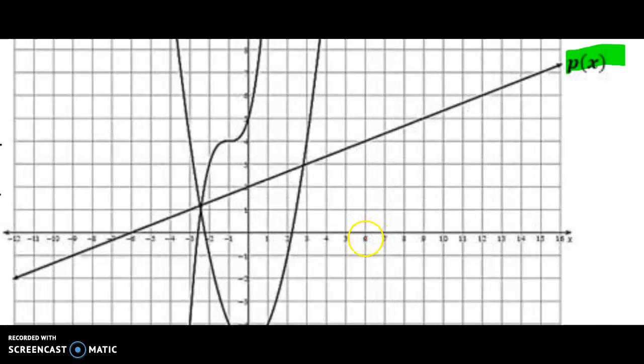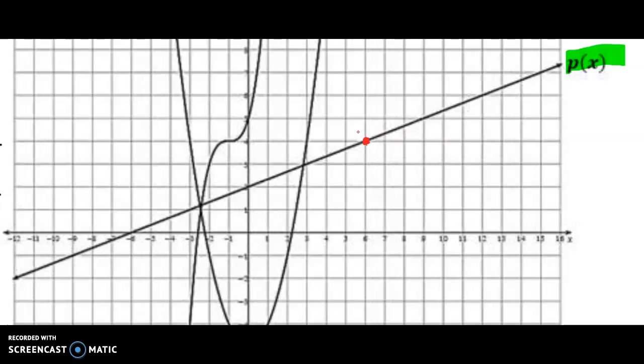There it is right here, our input value of 6. Now we need to go to the p of x function, so we need to go to the graph. We're going to move our way up until we hit the p of x graph. It's right here, what we're interested in.